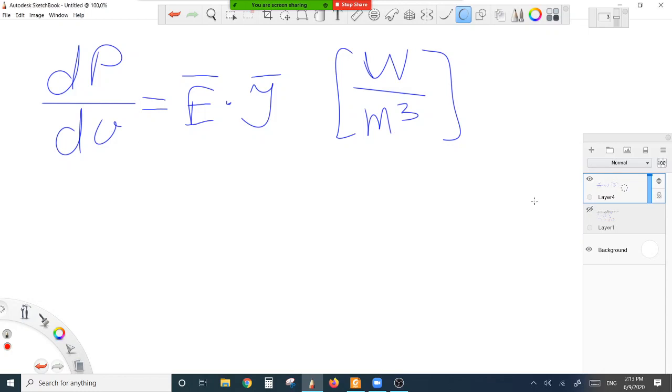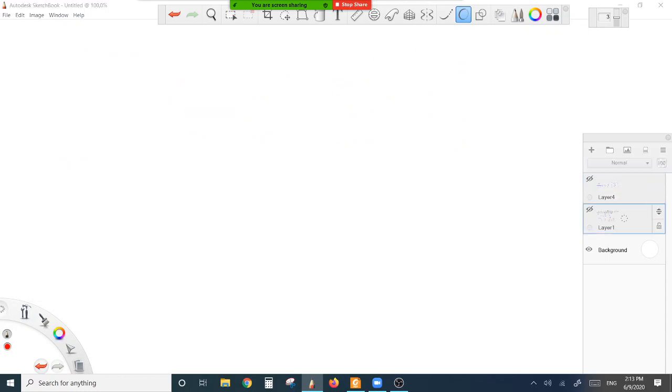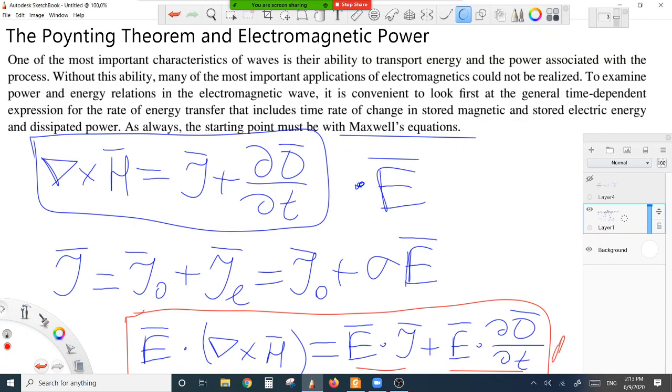The second term is also a volume power density. Both terms on the right hand side of this equation depend only on the electric field intensity E. Therefore, these are electric power density terms.